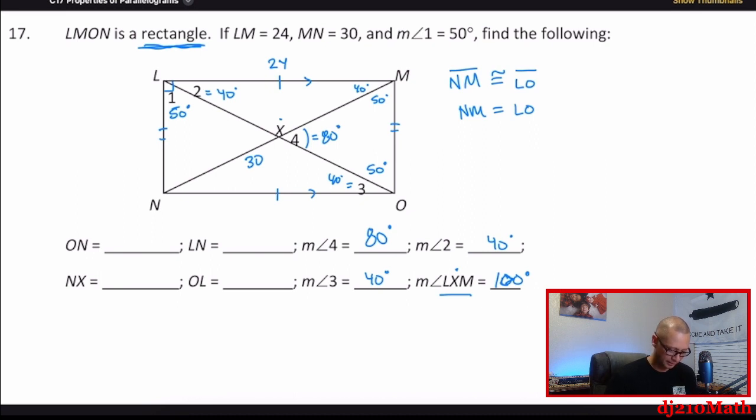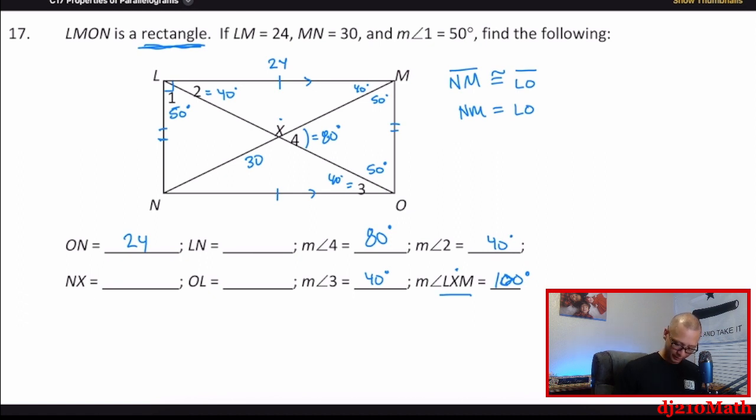Let's look at the sides. NO has to be 24 as well, or ON has to be 24. LN, okay, we can come back to that one for just a second. No, we just do it right now.